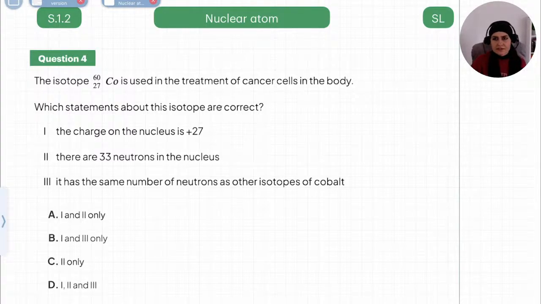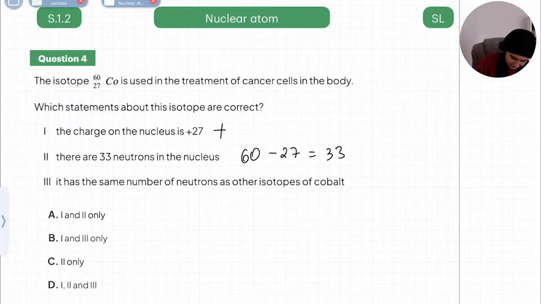Also check whether they ask about correct or incorrect statements. So the charge on the nucleus is 27, correct. Atomic number 27, charge is 27. There are 33 neutrons. 66 minus 27, no, not 66, 60. 60 minus 27, that looks like 33.